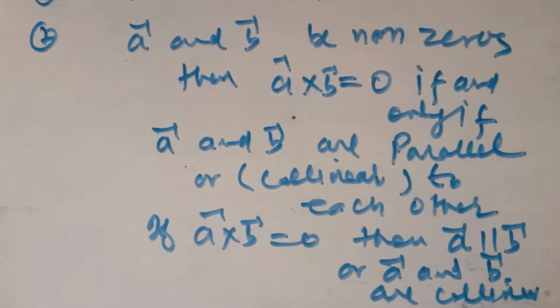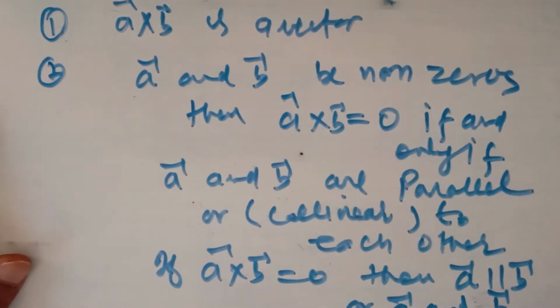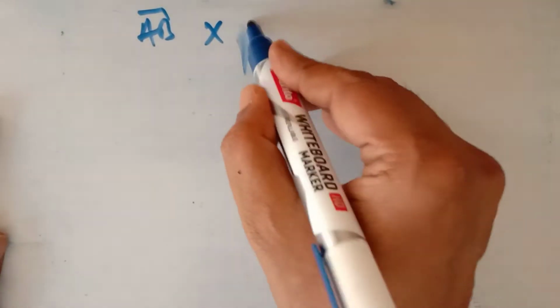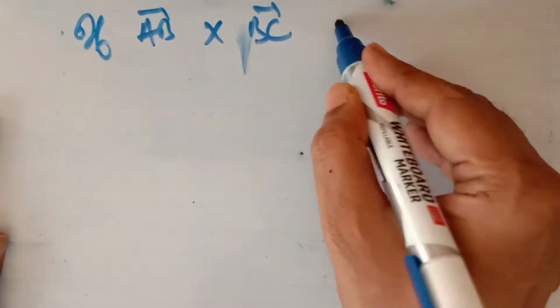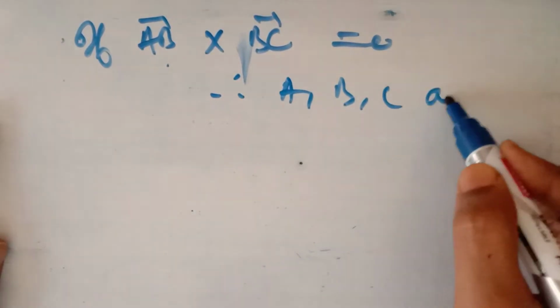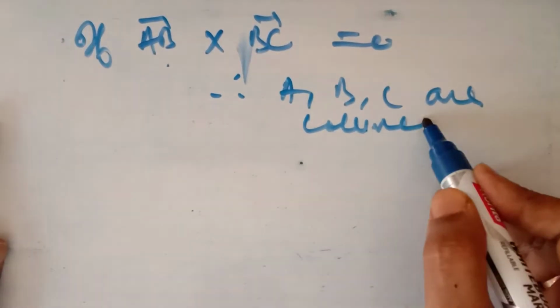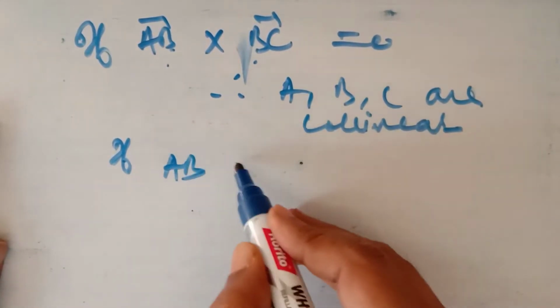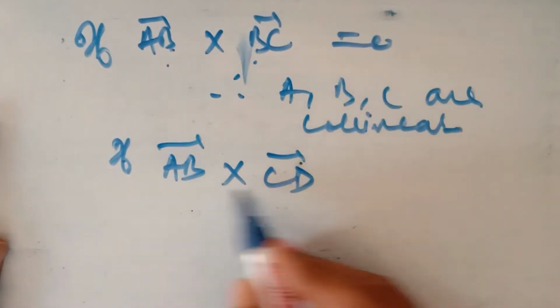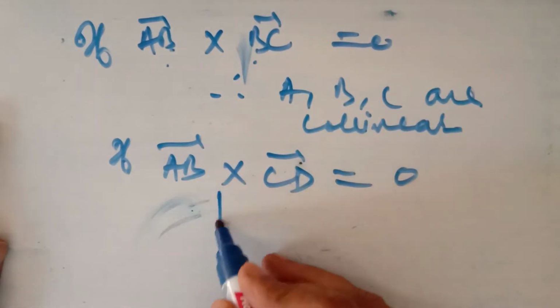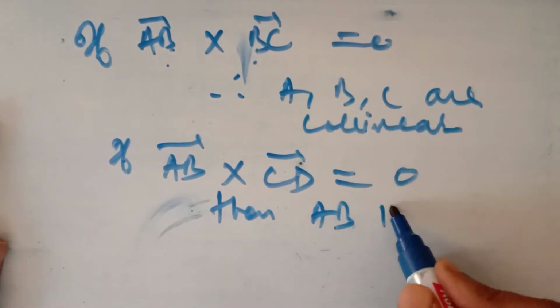Now how can we differentiate whether they are parallel or collinear? If the vector product of vector AB and vector BC is equal to 0, then A, B, C are collinear, because one point is common to them, that is B. Now if AB cross CD, no point is common to them and their product is 0, then we can say that AB is parallel to CD vector.